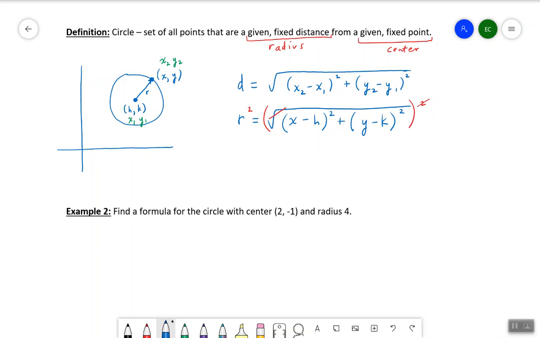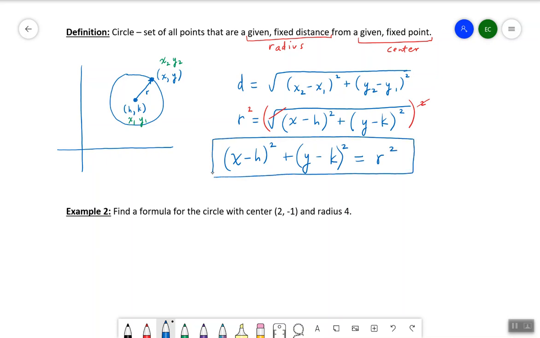And then I'll start over here on the left with (x minus h) quantity squared plus (y minus k) quantity squared is equal to r squared. And so that's the formula.